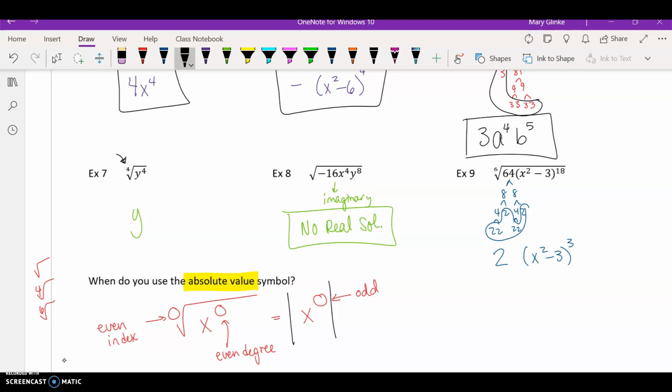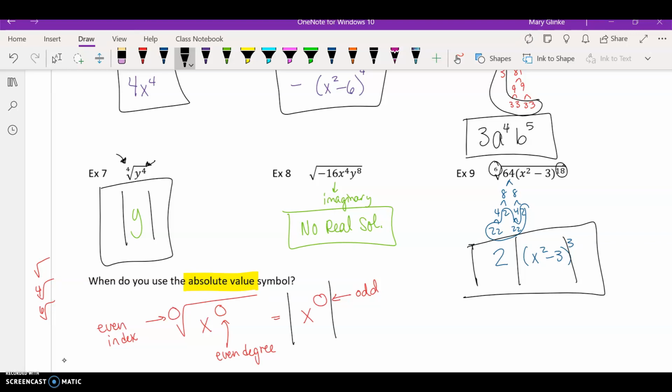I have an even index, I have an even degree on the inside, and I took out an odd degree on the outside, so I need my absolute values for that one. Same thing with number 9 here: even index, even degree, simplifying to the odd degree means that I need the absolute value around that term there.